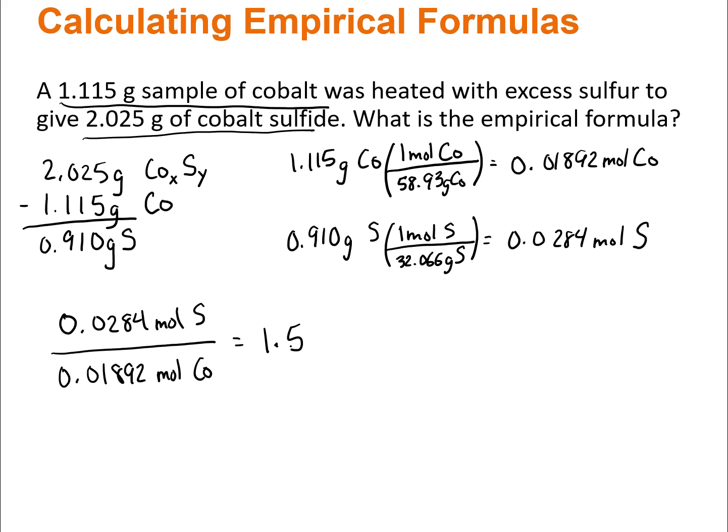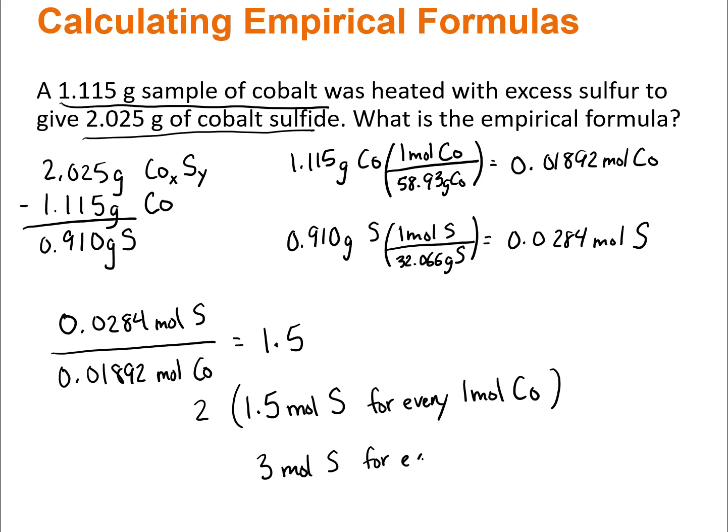So that means that I've got 1.5 moles of sulfur for every 1 mole of cobalt. 1.5 isn't a whole number, but if we multiply it by 2, then we get 3 moles of sulfur for every 2 moles of cobalt. That's our empirical formula.